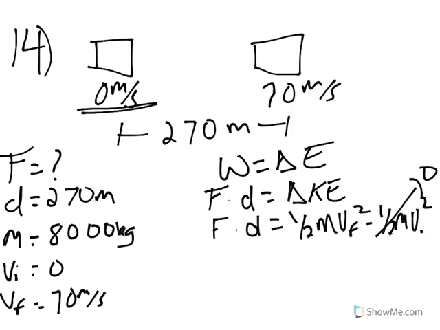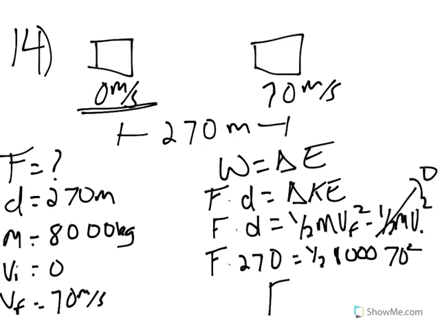So this is 0. So you're left with force times 270 equals 1/2 times the mass, which is 8,000, times the velocity squared, which is 70. And then you solve for F. So F is equal to 75,592 newtons.